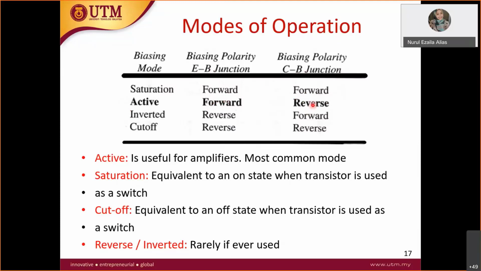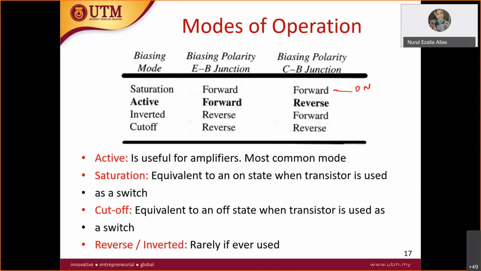If you want to make it saturation, meaning your BJT is on, both junctions must be connected with forward bias. Inverted is rarely used, but it is actually off. Your transistor is off. Cut off is when you want to turn off your transistor.